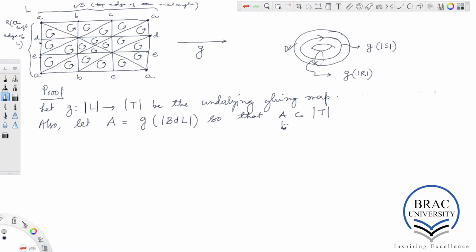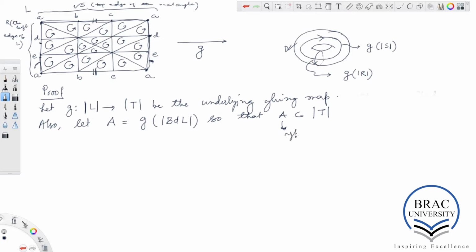So one can immediately see that this boundary, when I do the identification under the gluing map, this edge is going to be identified with this edge, and this edge with this edge, so that the boundary is going to be mapped to the wedge sum of two circles here on the right, on the two torus.